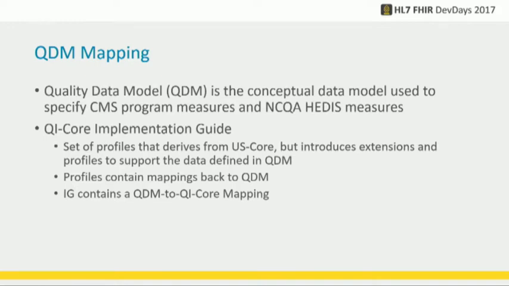It's a set of profiles that derives from US Core, but it provides extensions and profiles that support the data defined in QDM. So the profiles themselves contain mappings back to QDM. If you look in the structure definition, there are actually mappings back to QDM. They're fairly skeletal, but they're there. And then the IG itself contains a QDM to QI-Core mapping. So if I'm coming from QDM, what is the QI-Core profile that I would use to represent this information?